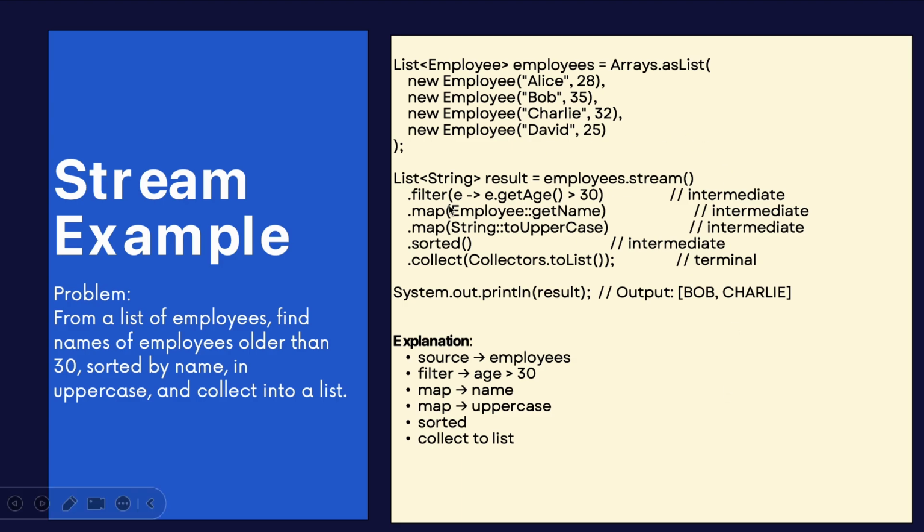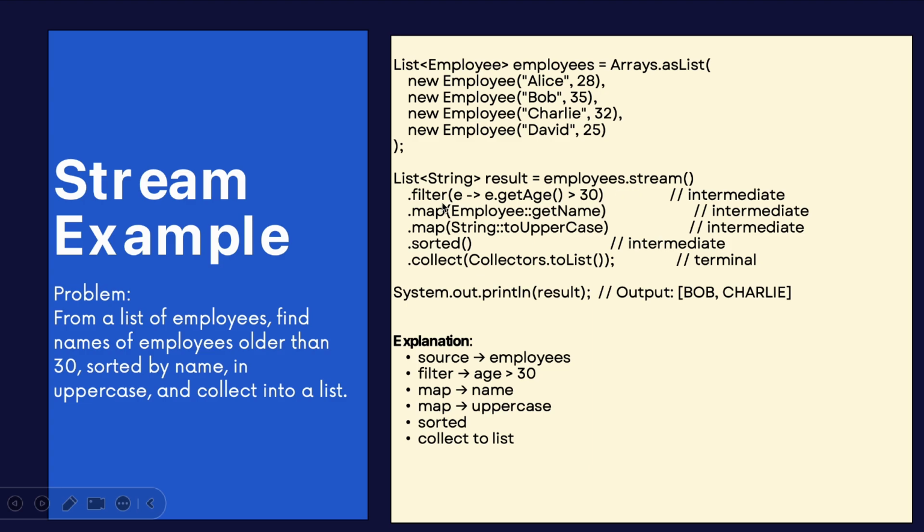Now we will see an example. Here I take an example: from a list of employees, find the names of employees older than 30, sorted by name in uppercase, and collect into a list. So here we take a list of employees. Now we will use some intermediate operations and a terminal operation.